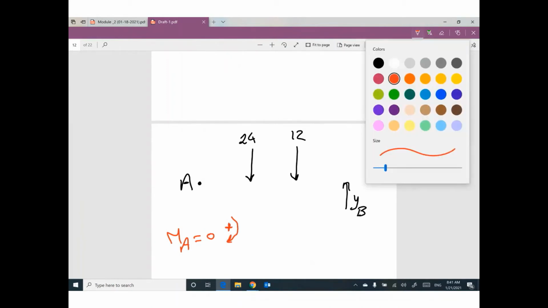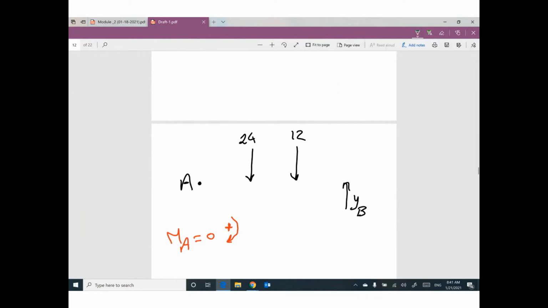Okay, tell me, if you are taking a moment at A, this force times this distance will rotate clockwise. This force times distance will rotate around point A clockwise. This force times this distance will rotate around A in this direction, which is counterclockwise.